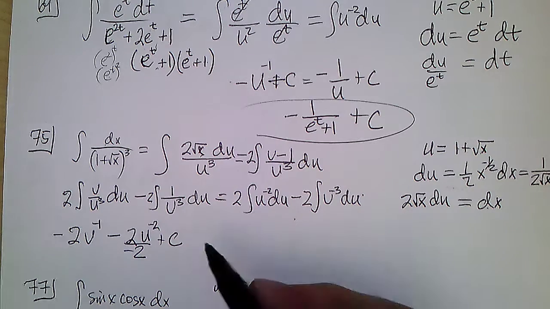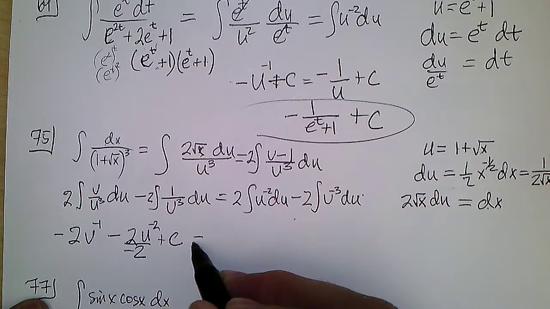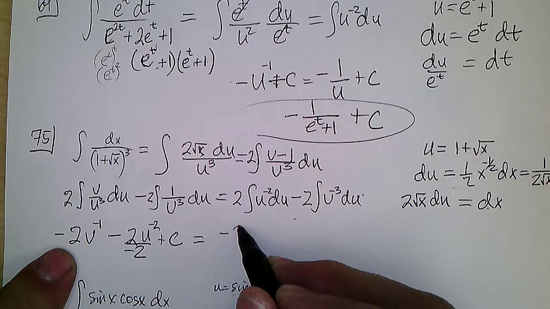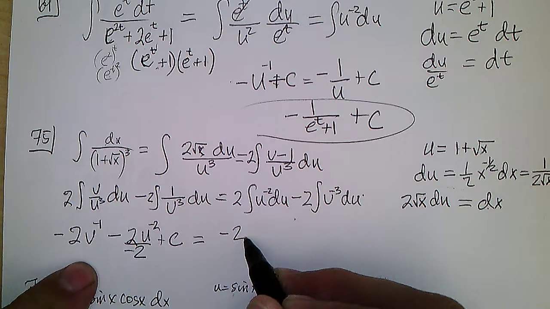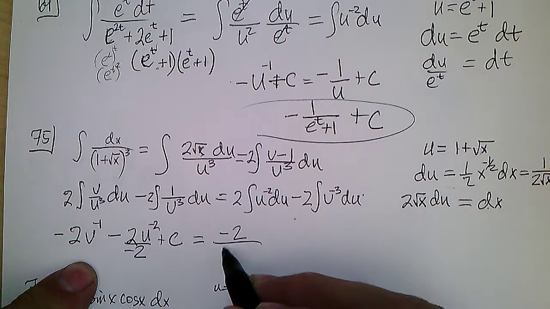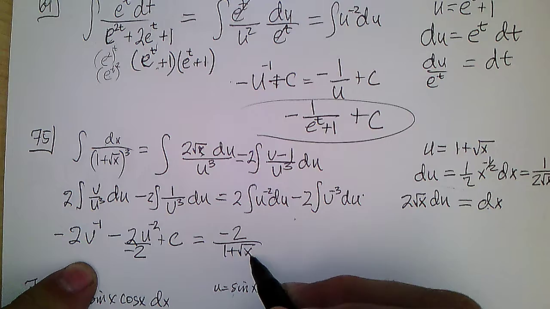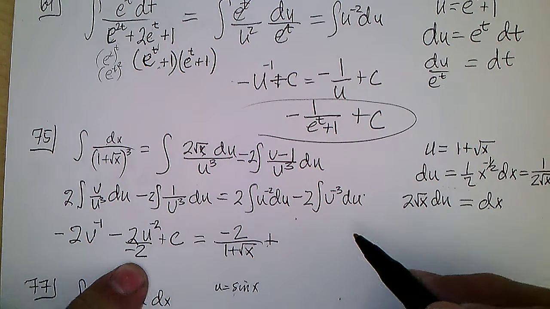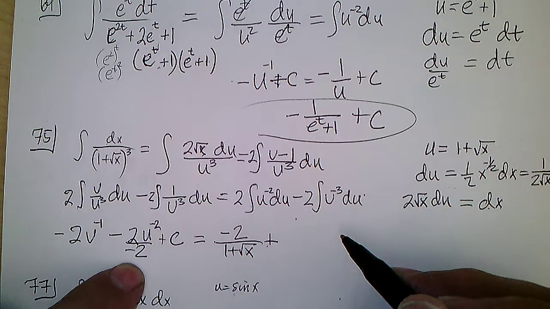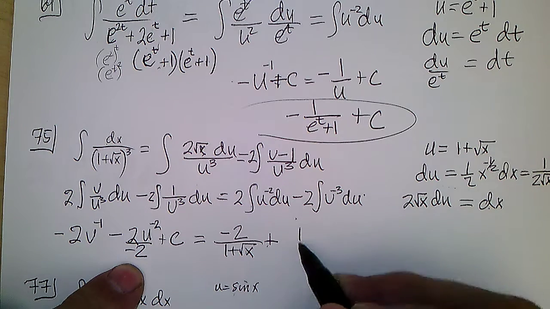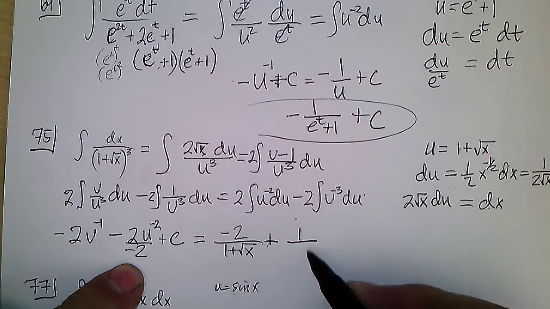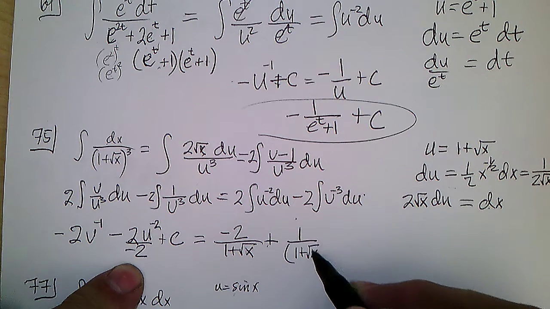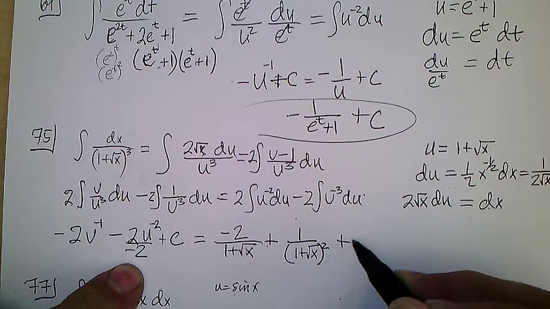And so we get minus 2, the u would go in the denominator, and that's 1 plus the square root of x. And the minus minus becomes plus, and the 2's cancel, and then we'd have a u squared in the denominator, so 1 plus the square root of x squared.